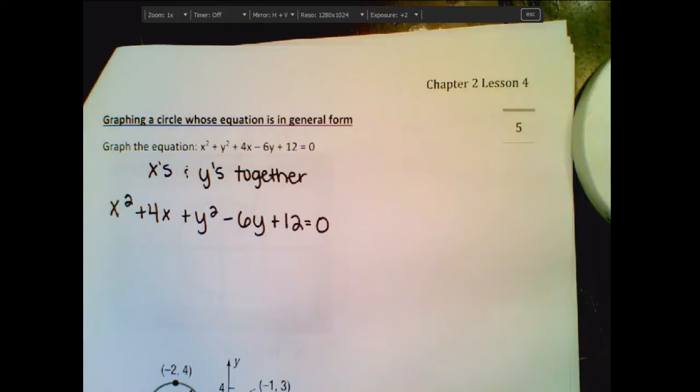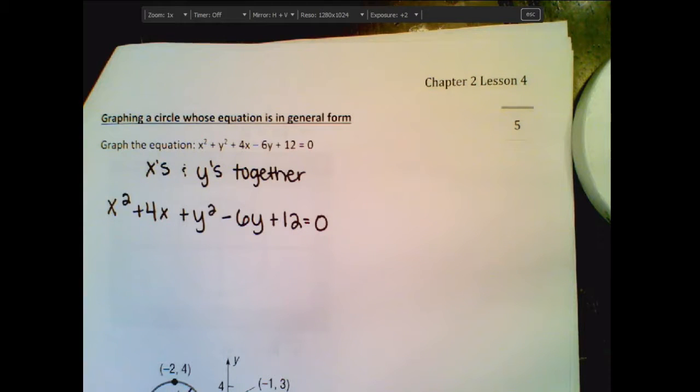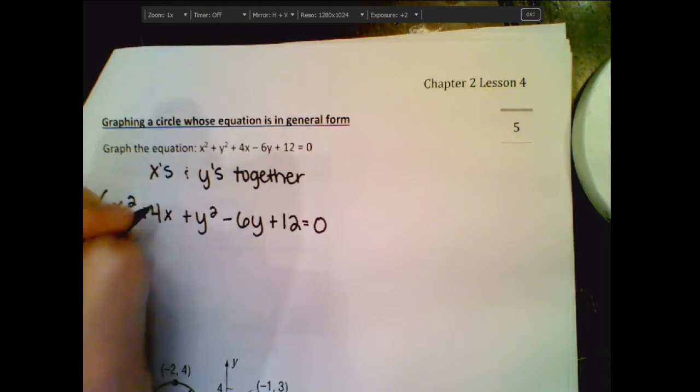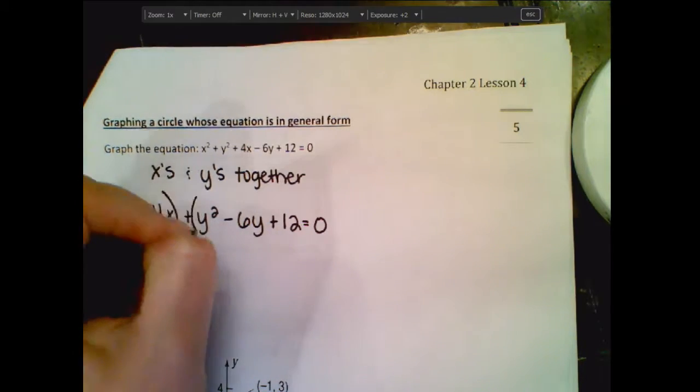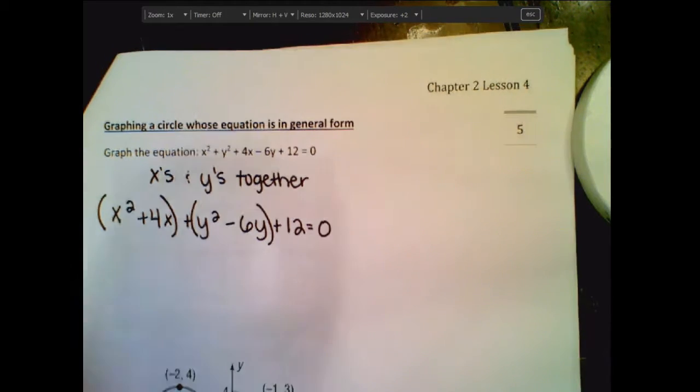And now what we're going to need to do is complete the square. Worked a little bit on this in chapter 1. So if you worked on any of those completing the squares, this will come in handy here. We'll put our y's together. If you remember completing the square, we're going to want to move our constant to the right.